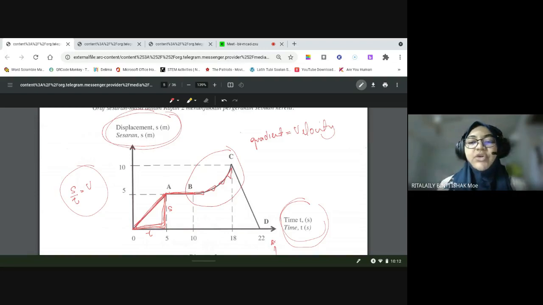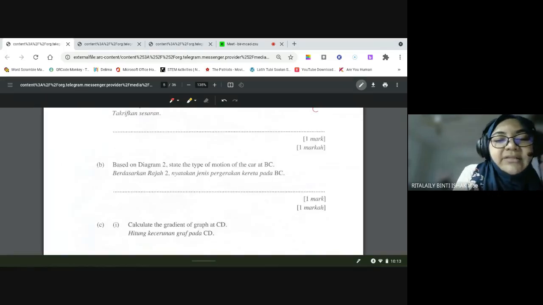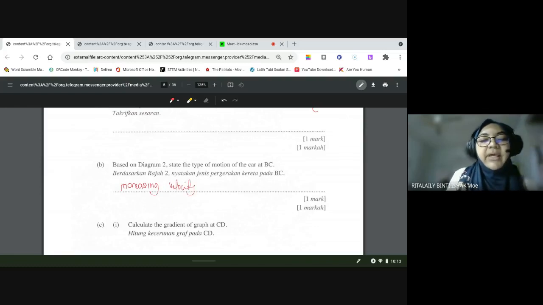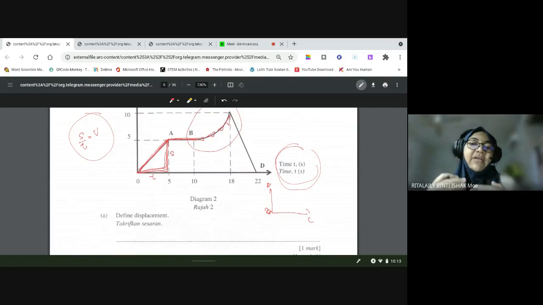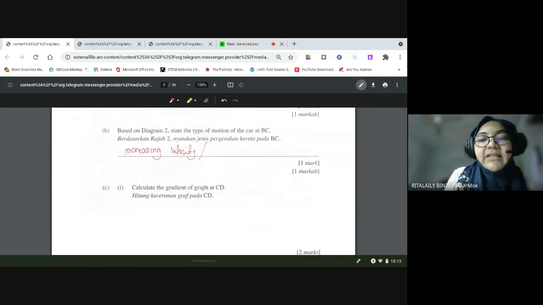So since we say that velocity is the gradient, and for B to C, the gradient is increasing, so we can say that increasing velocity. Okay, so based on diagram 2, the motion BC is increasing velocity. Or if you are confident that the increasing of velocity is consistent, maksudnya they increase consistently, okay, so constant acceleration is accepted.